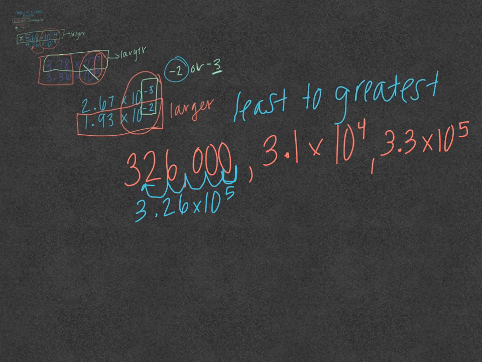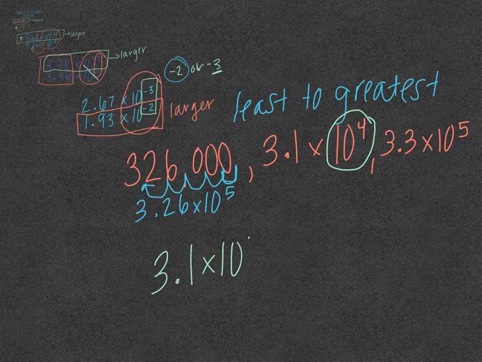And now you just look at your exponents and your powers of 10 and your coefficients. So right off the bat, I see we have 10 to the 4th power. So that's my smallest number. So 3.1 times 10 to the 4th power. Then we have 10 to the 5th power here and 10 to the 5th power here. We have the same power of 10.